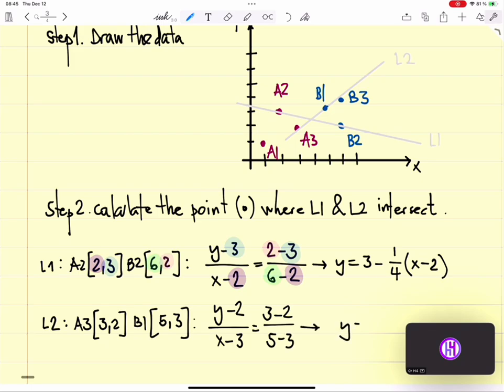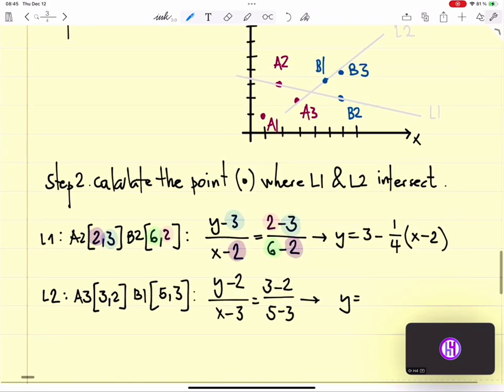So this is y equals 2 plus 1 divided by 2 x minus 3. So those are the two equations where they cross in this point.